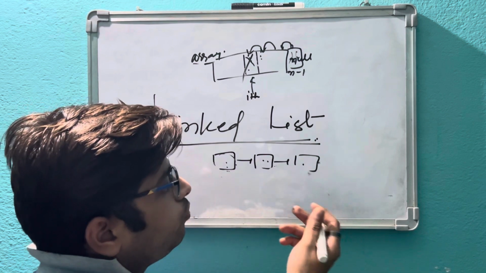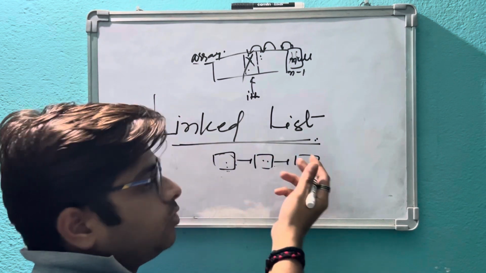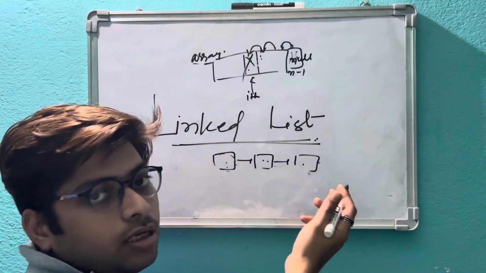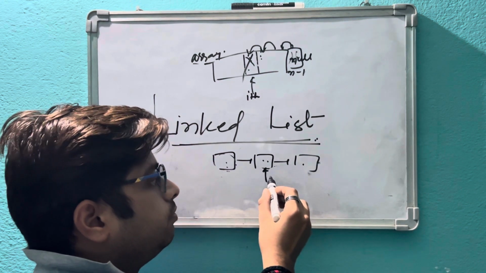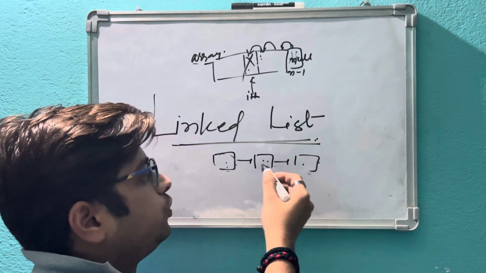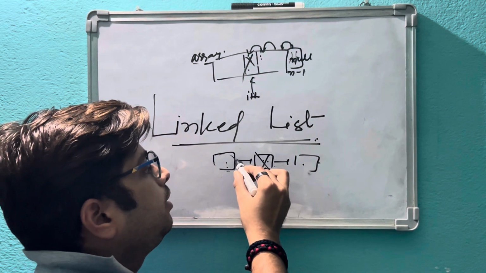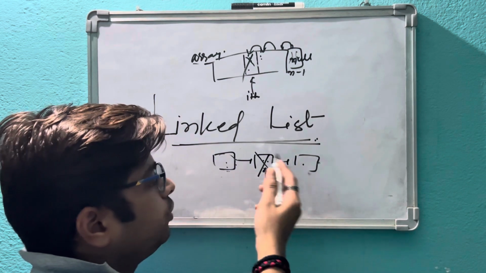But in a linked list, we could simply relink whatever the current existing links we have. Let's say I would like to delete the value on this position, then I would simply delete this node by relinking the existing node linkage.